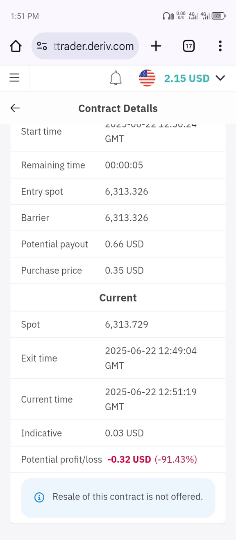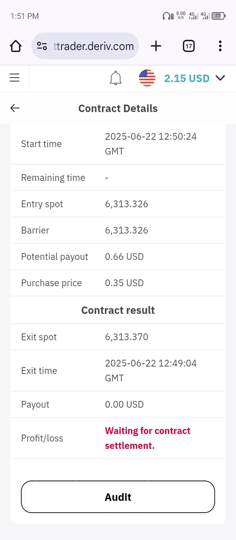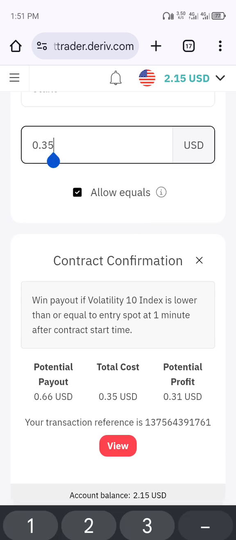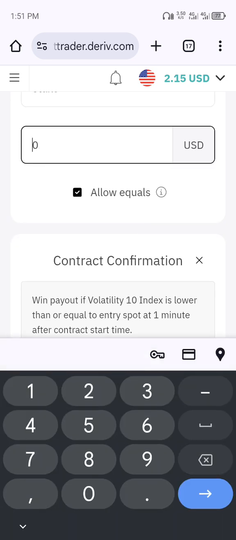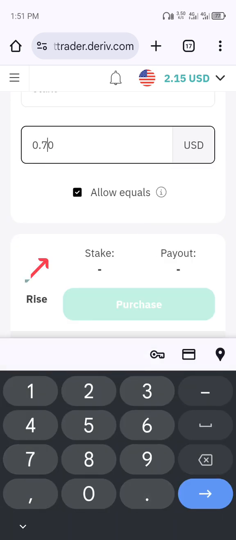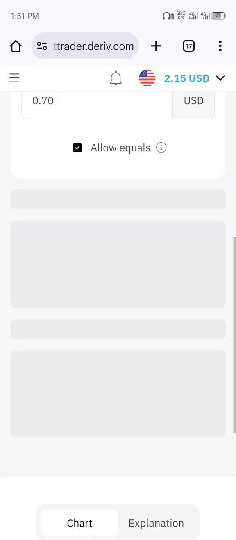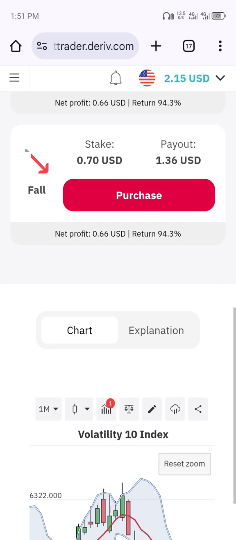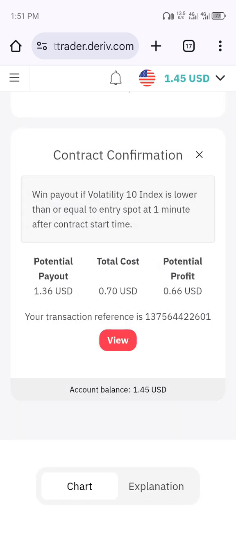If it ends against us, we move to the next trading stage. Okay, that ends against us. We move to 70 cents. Our take profit is 50 cents, while our stop loss is 30 cents.